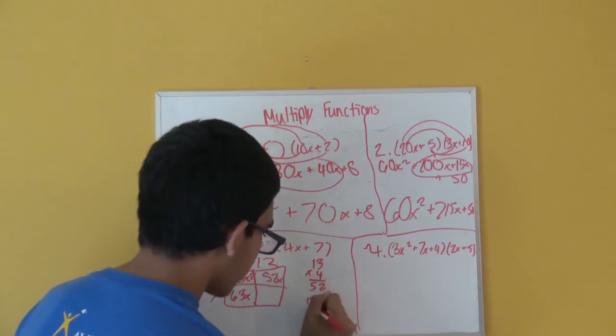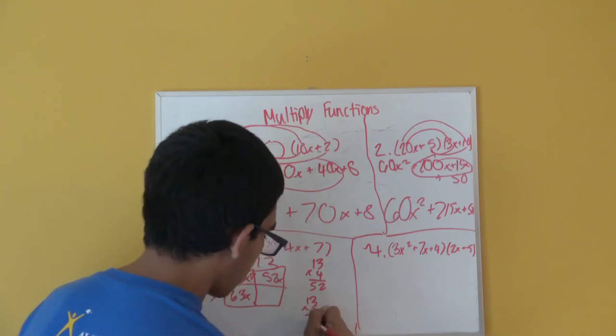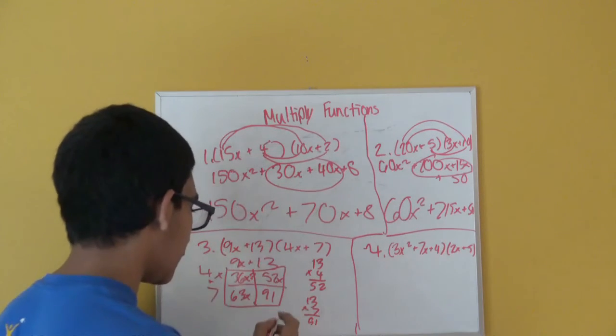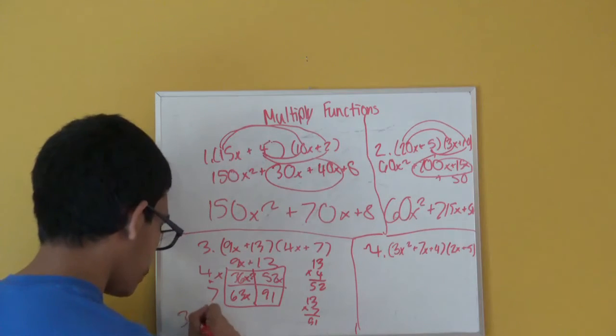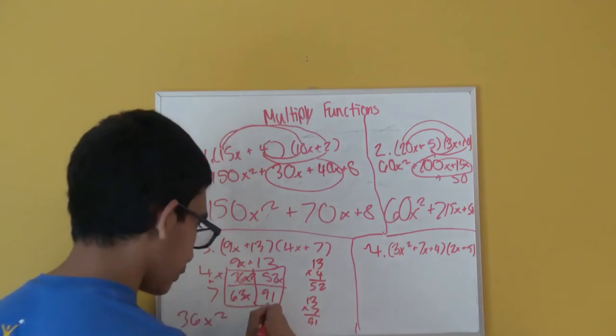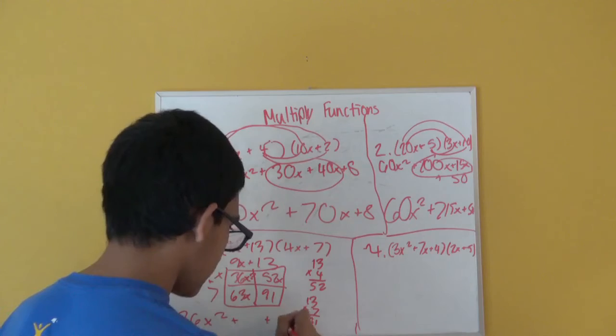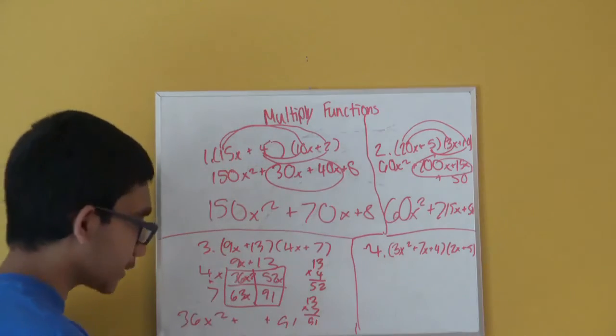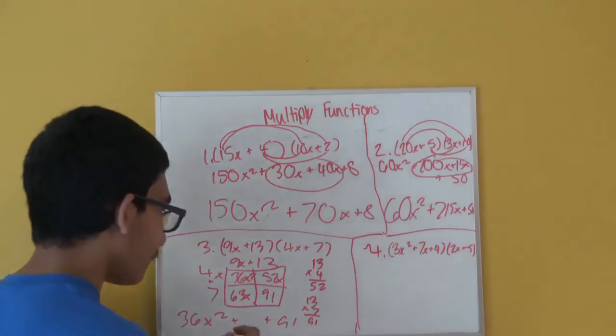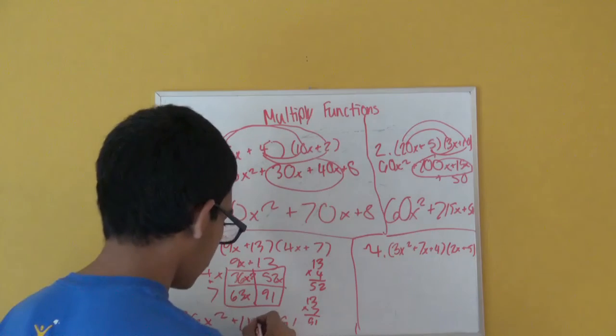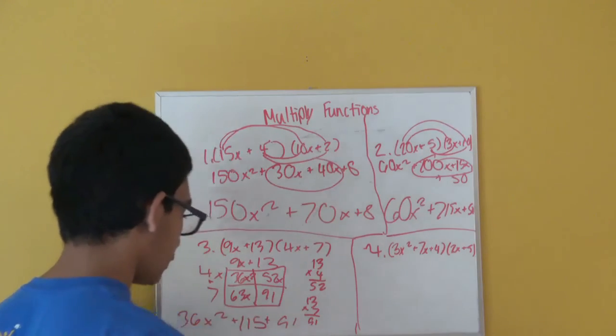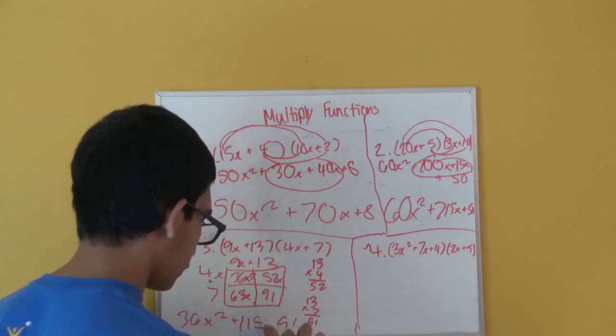And 7 times 13 is 91. I just have to add like terms, so I'm just gonna pre-write what my answer basically is. And now I have to do 52 plus 63, which is 115x, of course.